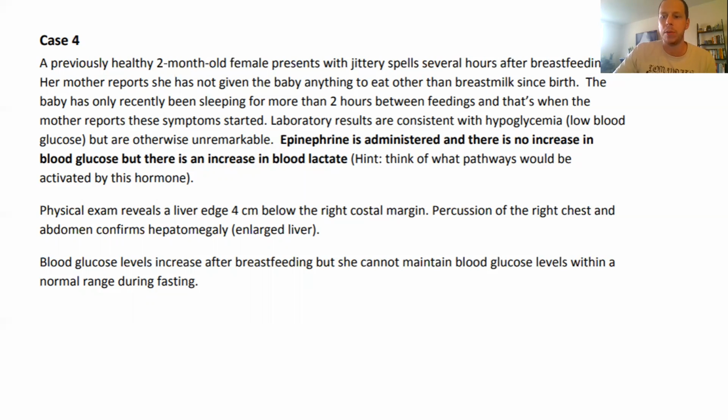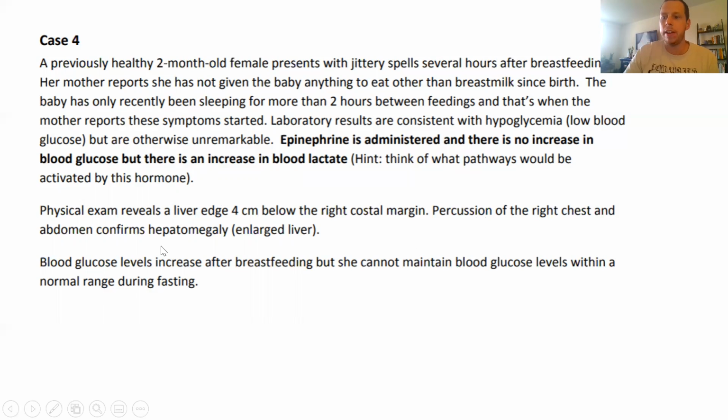The results showed that there was no increase in blood glucose after administering epinephrine, but there was an increase in lactate, which could be used in gluconeogenesis by the liver in the Cori cycle, but it's clearly not being used because there's a buildup. The fact that there was no regulation of the blood glucose level indicates a deficiency in enzymes somewhere along the gluconeogenesis or glycogenolysis pathway.